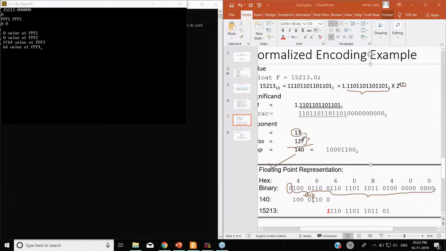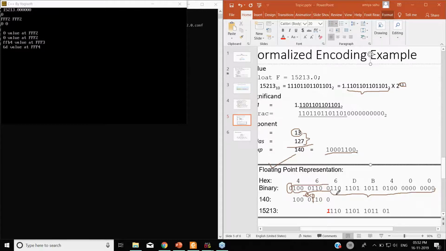So 13 plus 127, the bias, gives 140, whose binary equivalent is 10001100. See, 10001100. This is the 8-bit representation of 140.